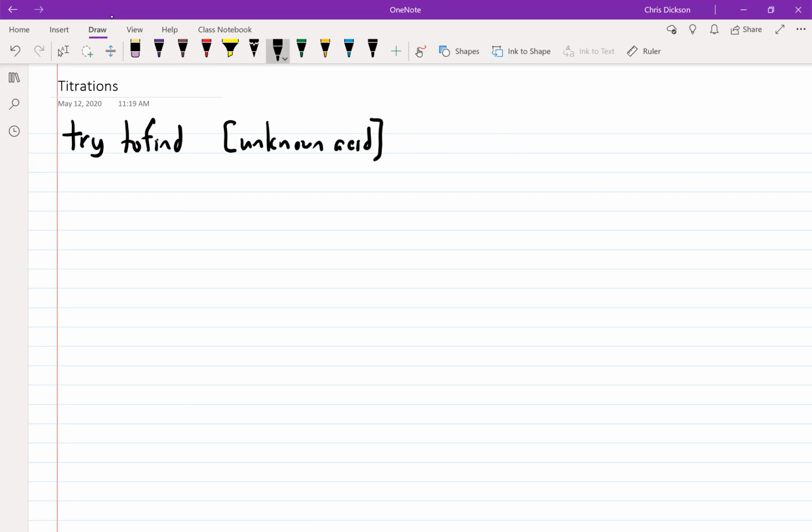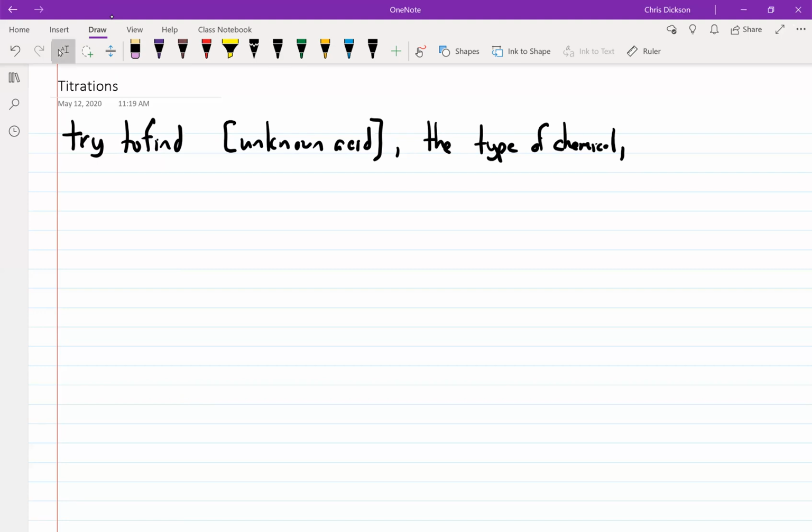Well, you could do a titration to figure that out. Maybe you're trying to find out the type of chemical in a beaker, and you're not even sure what the chemical is.